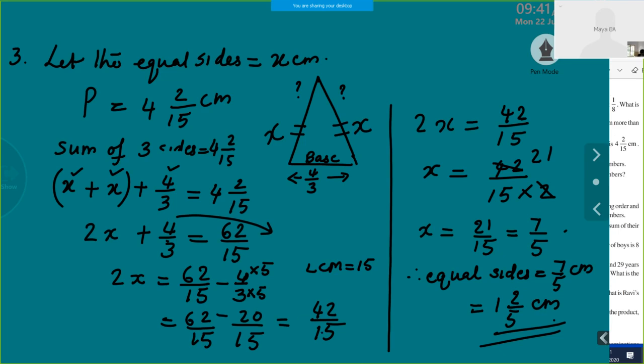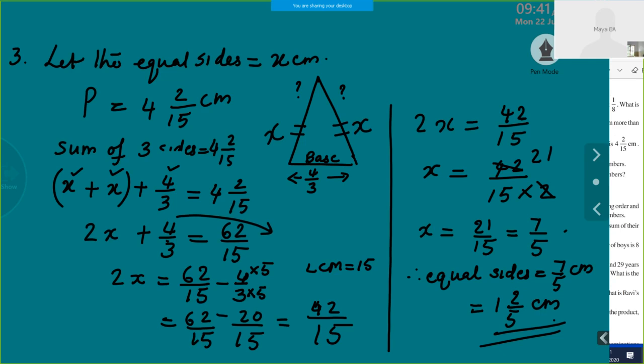So 42 over 15. 2x is 42/15, so x is equal to 42/15 into 1/2. Simplify the two numbers again, 21/15. You can do it in the same step; for your easy calculations, I did step by step. 21 and 15, once again you can cancel. You get 7/5 centimeter.